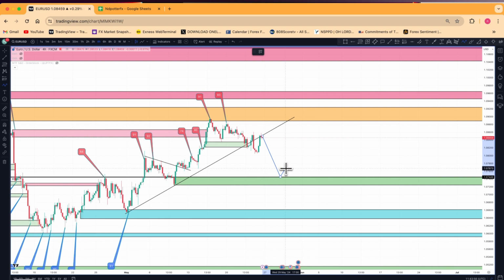Then you will start seeing buying building here, then it takes off massively, because the banks are currently adding to their long positions. So that's how I use it.